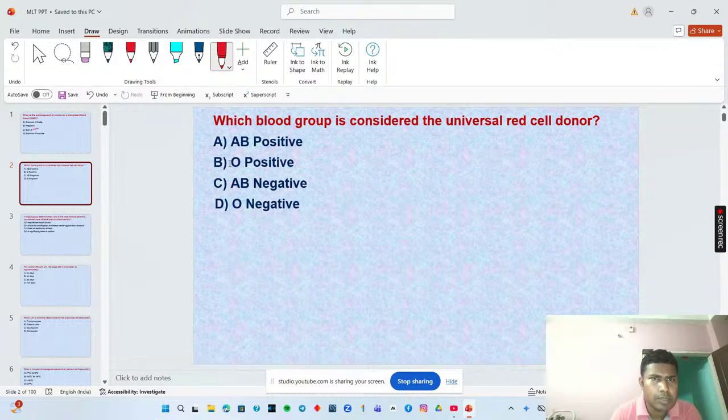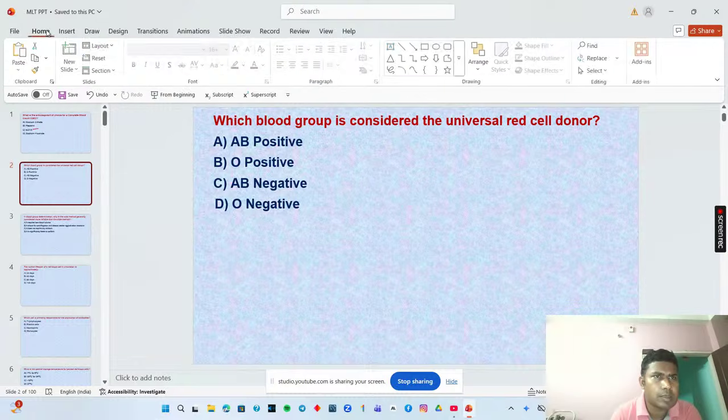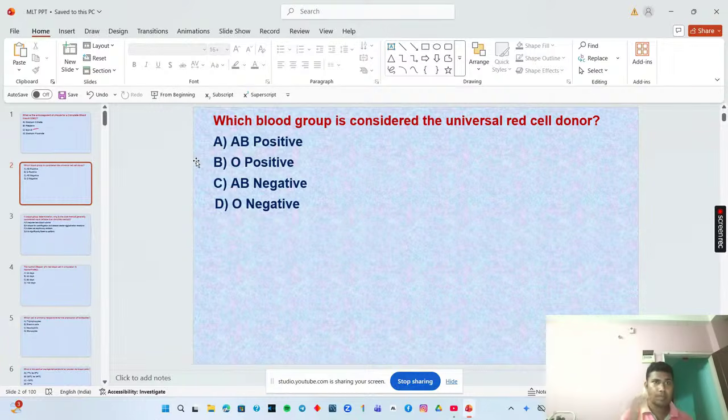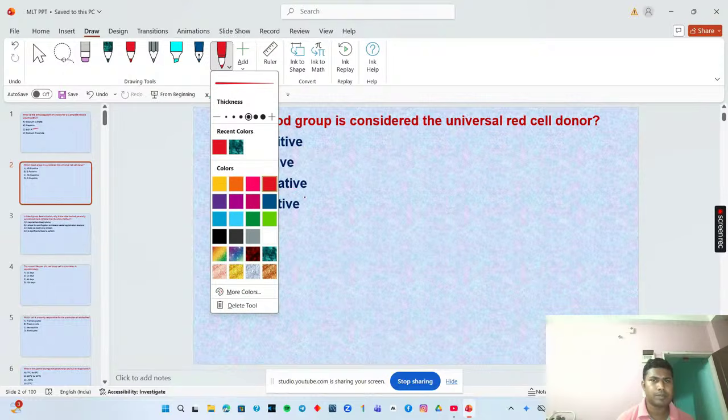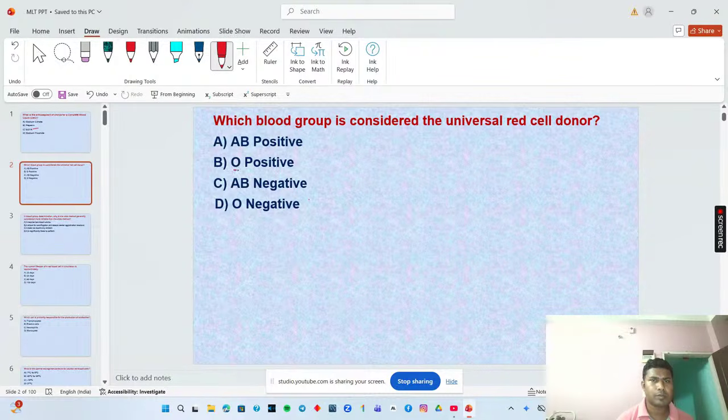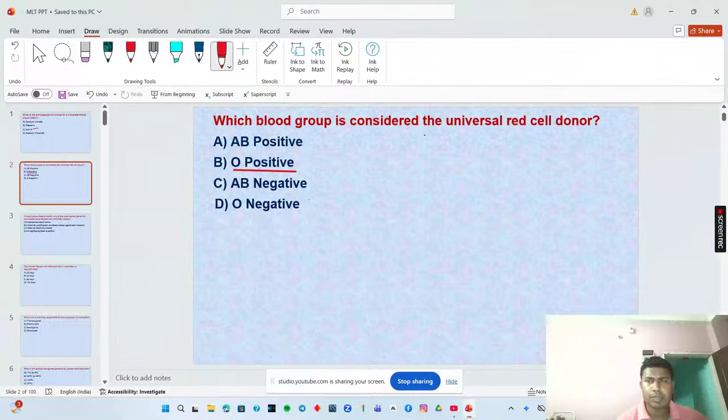The universal red cell donor is, I think, O positive. Which blood group is considered the universal red cell donor?